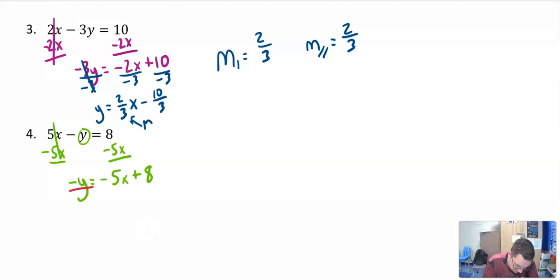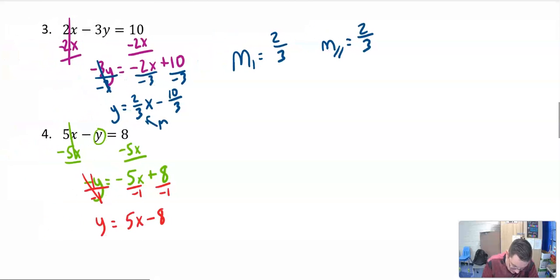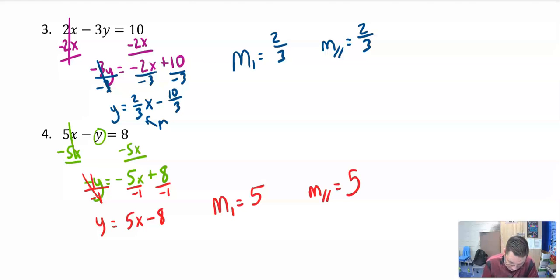And so dividing both sides by -1, because remember that there's a 1 right there. This will cancel. And I get y is equal to 5x minus 8. And so my slope of the original line, my m1, is equal to 5 in this case. And the slope of a parallel line, again, has to be the same, so it is 5. All right, so that's what we're looking at in these lines. Now, that's just pulling the slope out of it.